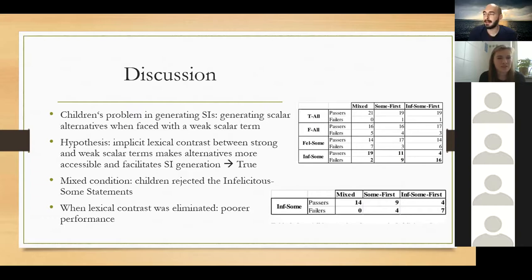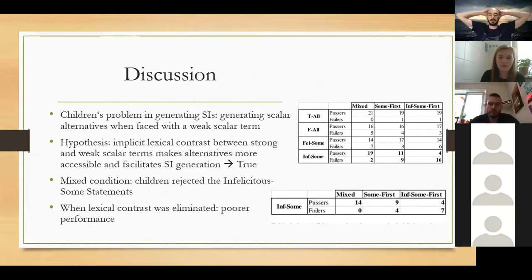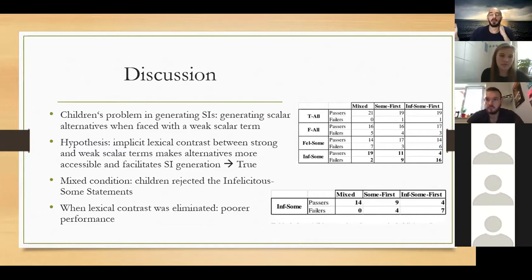I guess the reason was that they did not want the knowledge of the participants to have an effect on the rate of scalar implicature, right? So they said, if you use pizzas or cookies, then children might use their knowledge in order to answer the question.